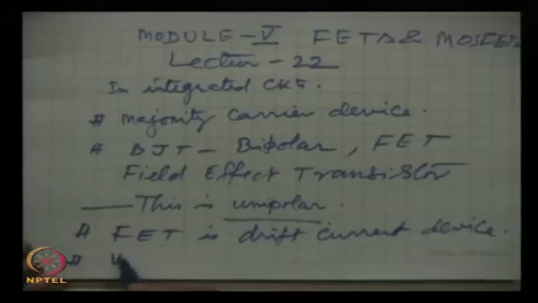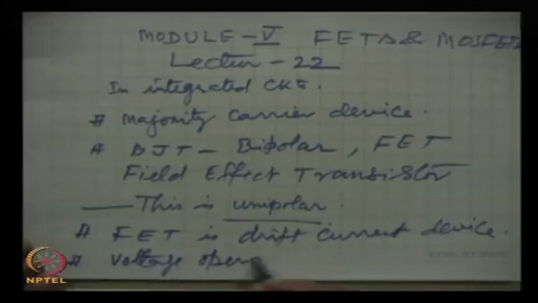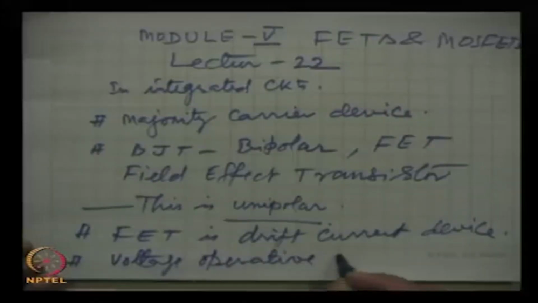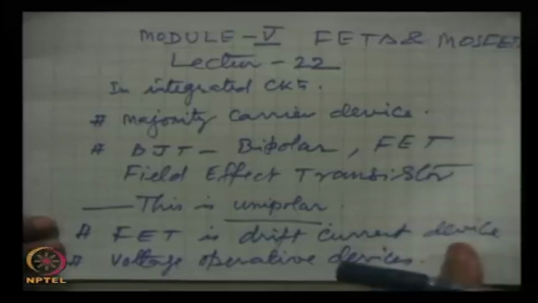So it is a field effect device. It is not a current device, it is a field device. FETs are field devices or voltage operative, in contrast to the BJT, which is current operative.